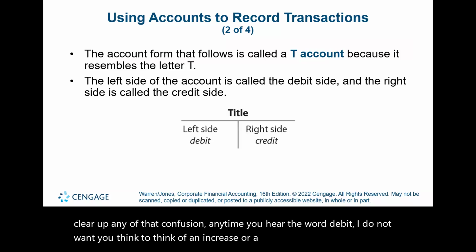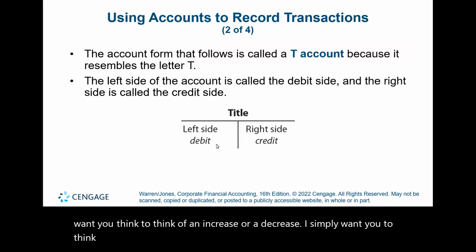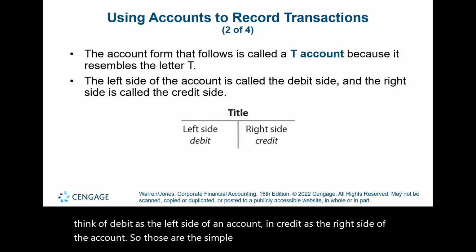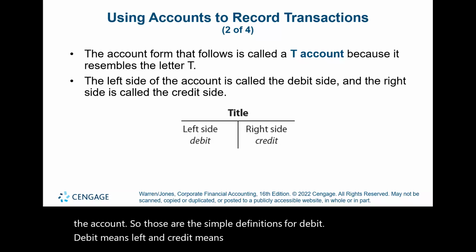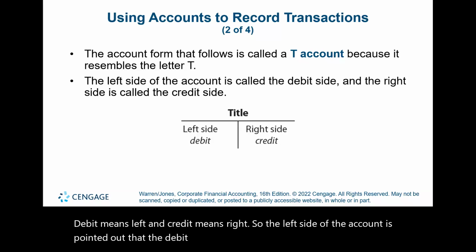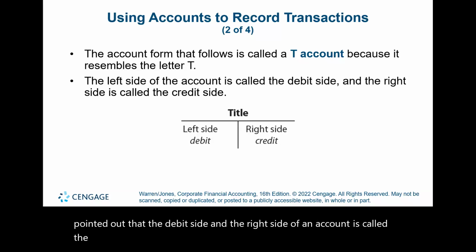I simply want you to think of debit as the left side of an account and credit as the right side. Debit means left and credit means right. So the left side of the account is the debit side, and the right side of an account is called the credit side.